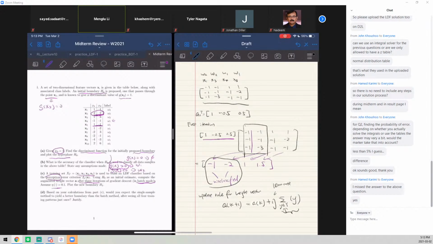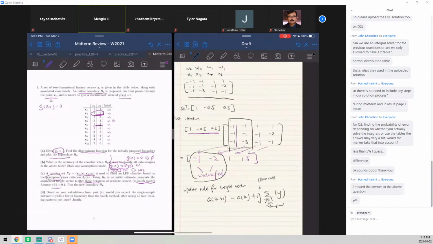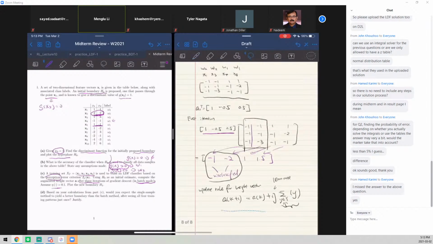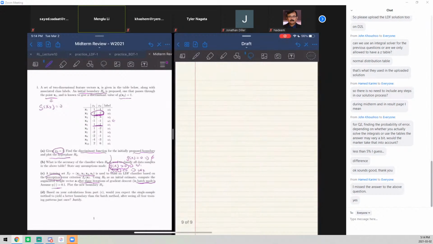Therefore, we just plug in the numbers. It will become A1, because K equals 1, since it's only the first iteration.